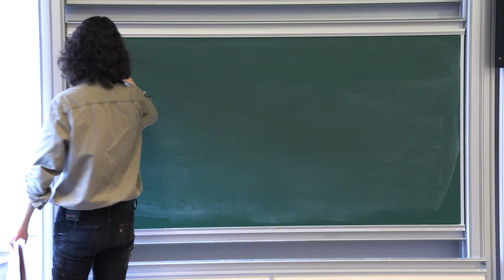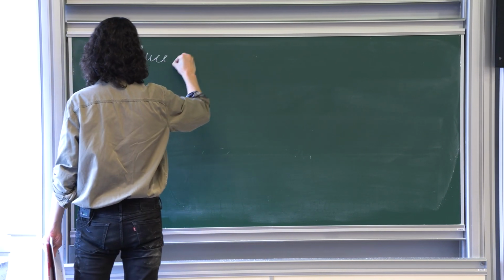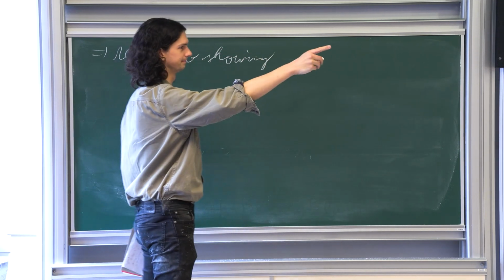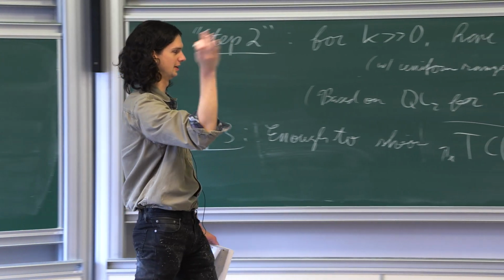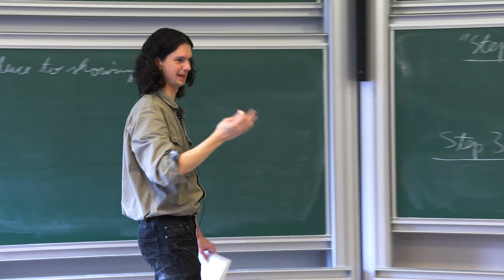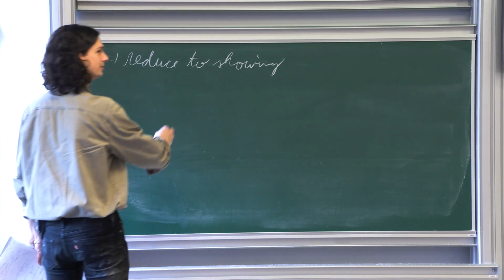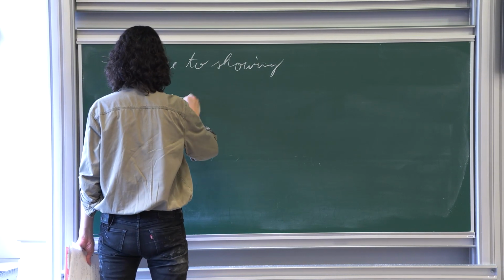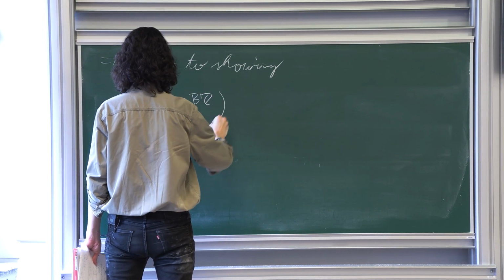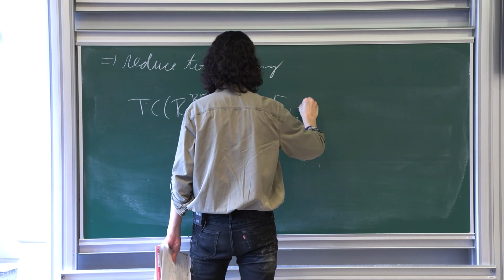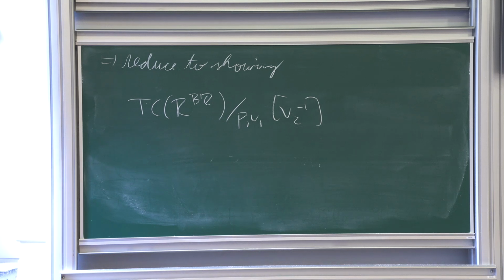Okay. So then we're reduced to showing that, now that we've passed to a trivial action, the p to the k doesn't matter. When you pass from Z to p to the k Z, you're not changing the fact that the action is trivial. So we're reduced to showing that TC of R^{BZ}, just the trivial Z action on R, mod p, v1, and I can again pass, by the same kind of Quillen-Lichtenbaum, to the periodic version.